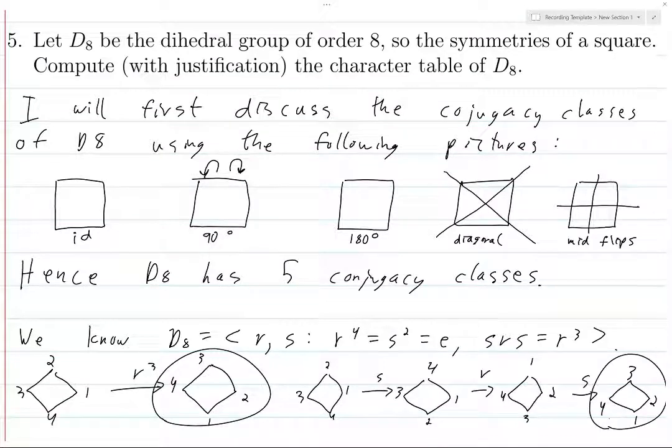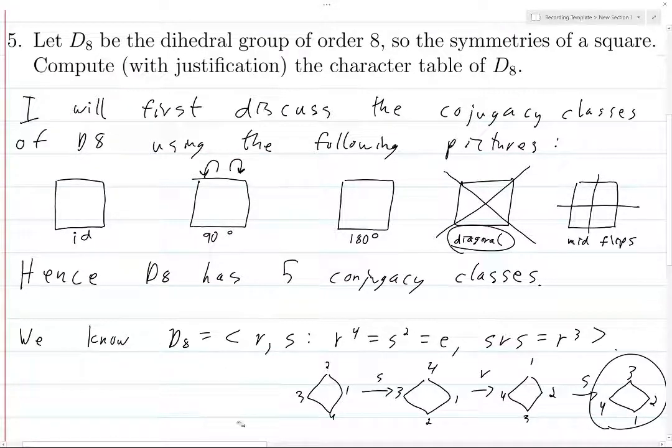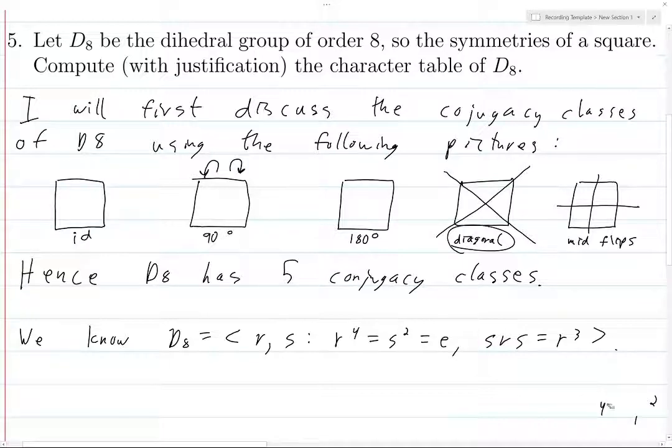And then R is rotation by 90 degrees and S is reflection across the x-axis, which, if you're thinking of it as a diamond, actually corresponds to this diagonal action here. So anyways, I jumped ahead and wrote it this way for a reason.